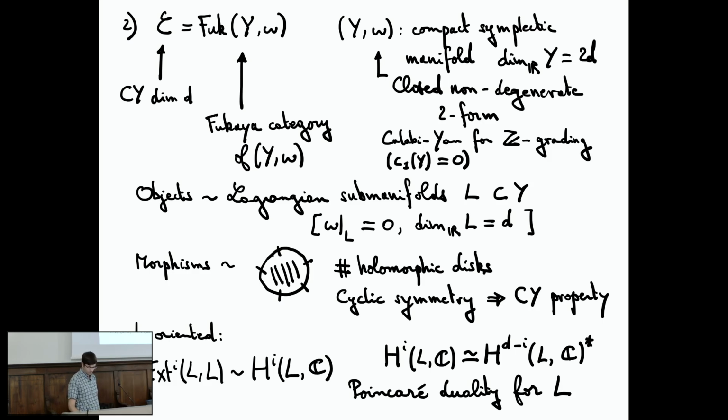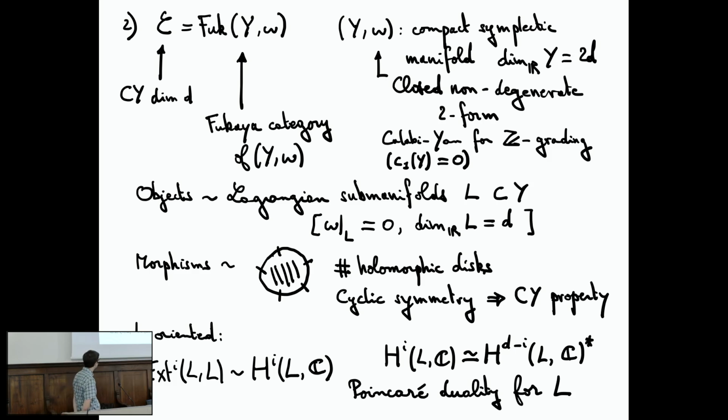If you want a more concrete or explicit example of where this Calabi-Yau property comes from, you can think of a Lagrangian submanifold L, and let's assume it's oriented. Then under nice conditions, you can check that the Ext^i(L, L) in this Fukaya category reduces to something very simple, simply the cohomology H^i(L).